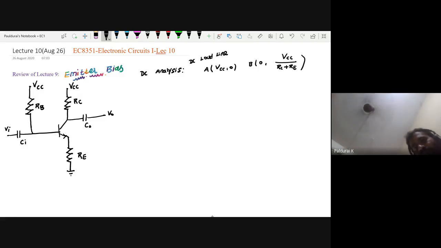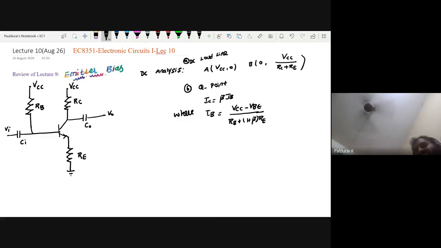Then the Q point on this DC load line. What is the general formula for IC? IC equals beta times IB, where IB equals VCC minus VBE divided by RB plus 1 plus beta times RE, on the input side.